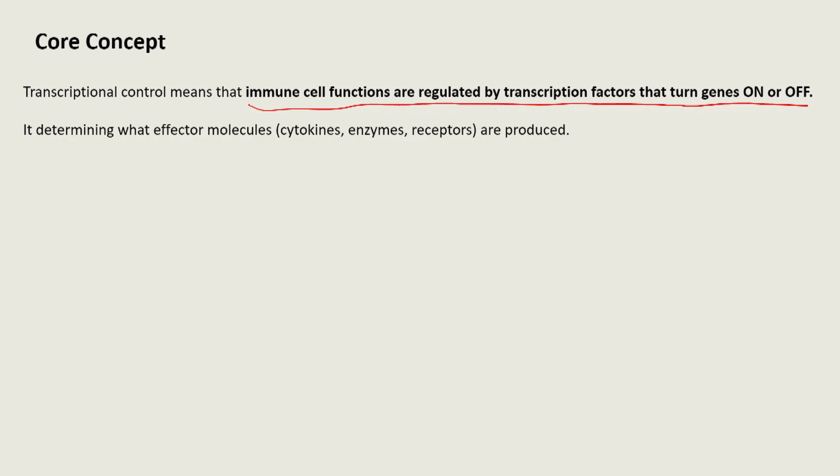Again, it defines the effector molecule secretion, particularly cytokines, enzymes, receptor expression, and different kinds of CD molecules which we have discussed. For example, we know that there are cytokines which are produced, such as IL-2. There are some receptors produced on the cell surface, such as CD28, which are expressed in the T cell population, and that's very important and critical for co-stimulation.